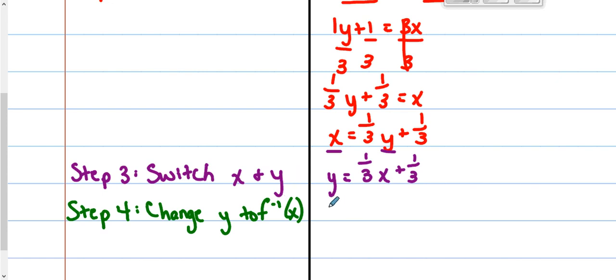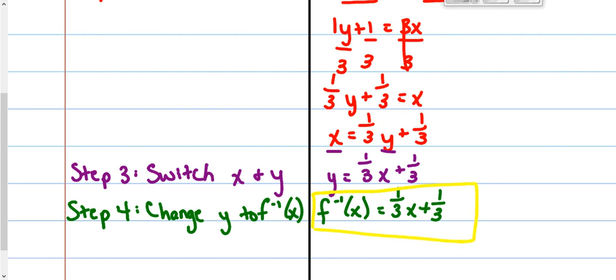So that just means that's an inverse function. So f inverse of x is equal to 1/3 x plus 1/3. And this is your final answer. Okay, f inverse of x equals 1/3 x plus 1/3.